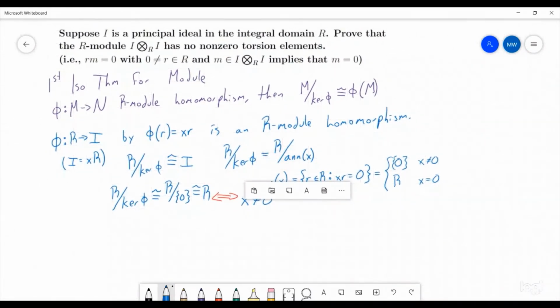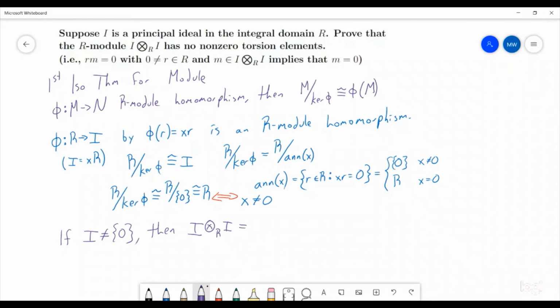So if I is not equal to the 0 ideal, then I tensored with I over R is isomorphic to R tensored with R over R, which is isomorphic to R, which has no non-zero torsion elements.